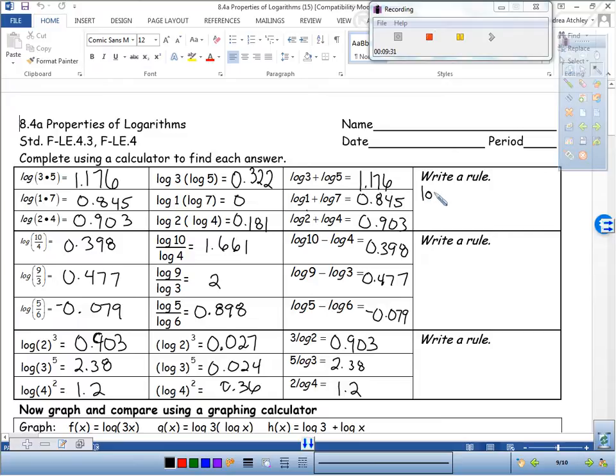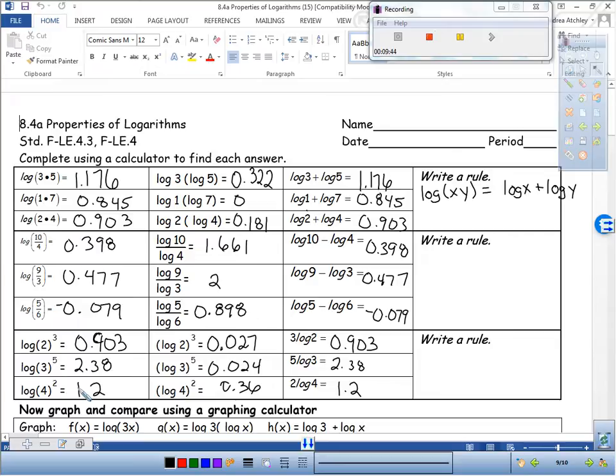So if you multiply inside the log, another way to find that same value would be to take the log of each of those numbers and add them.